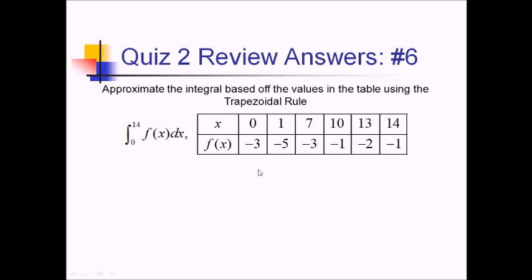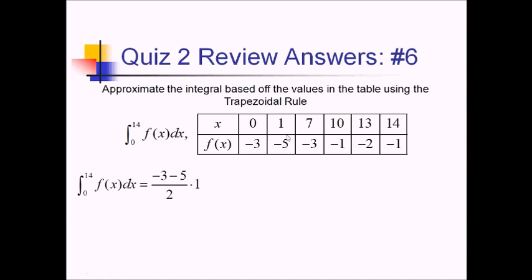So in general, that means you're going to be doing base 1 plus base 2 over 2 times the height. Now, in this case, since all the trapezoids are going to be horizontal, the bases are actually going to be the y values, and the heights are actually going to be the distance between the x values, since we have sideways trapezoids. So for my first trapezoid, I've got the bases negative 3 plus negative 5 over 2 times a height of 1.